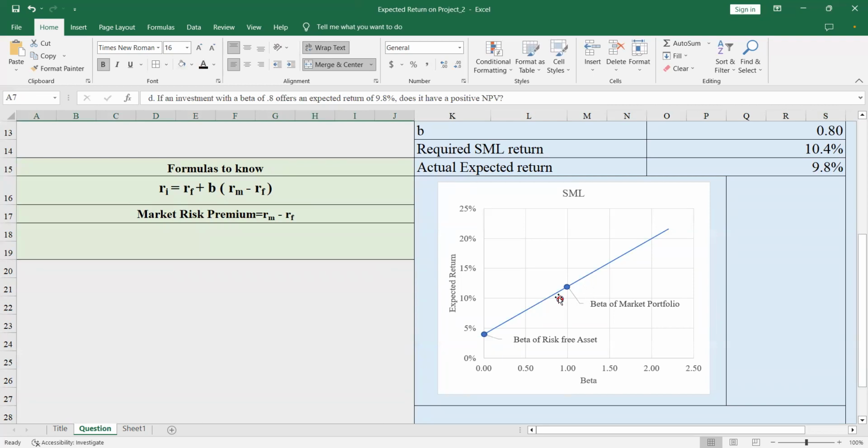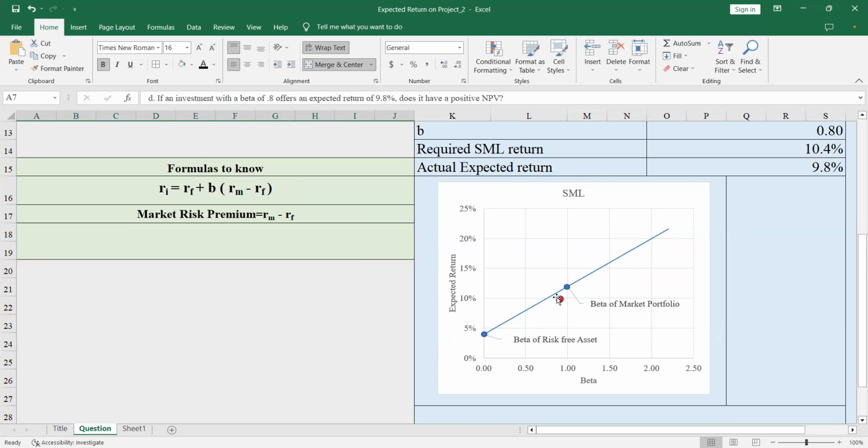A project that lies below this line can have positive NPV, so positive NPV is not the issue. It could also have negative NPV. We cannot tell by the position with regards to the SML.